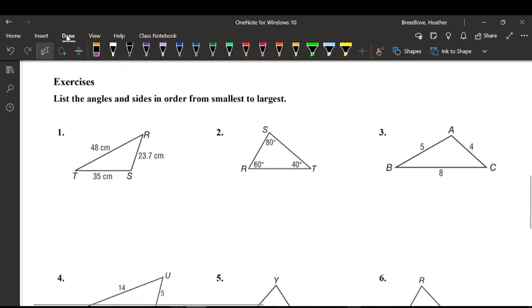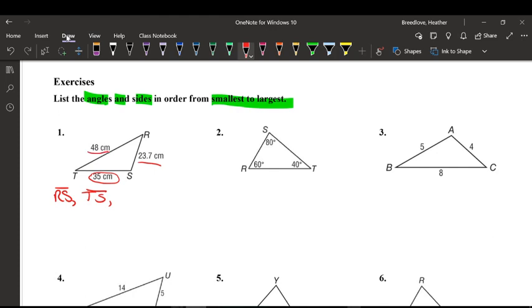There are 6 examples. It says to list the angles and sides, both angles and sides, in order from smallest to largest. Since I'm given the sides, I'm going to find the smallest one. 23.7 is the smallest side, that's side RS or SR. The medium is 35, so TS.